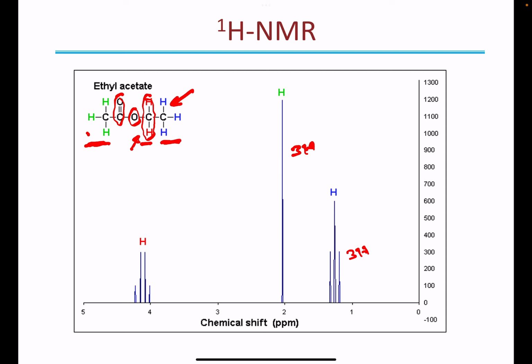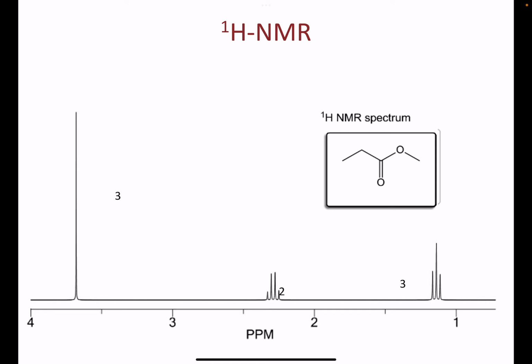And then finally the two protons here, the CH2 on the ethyl group, are the most deshielded, and it's going to be split by the three protons adjacent to it, so this is going to be a quartet. So this is the NMR for ethyl acetate or ethyl ethanoate.